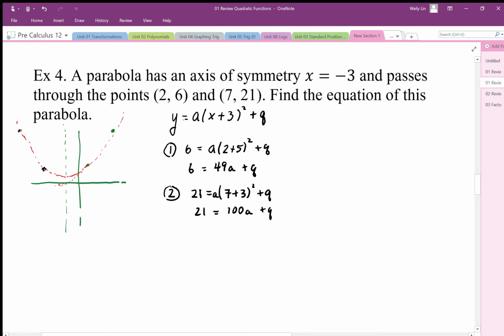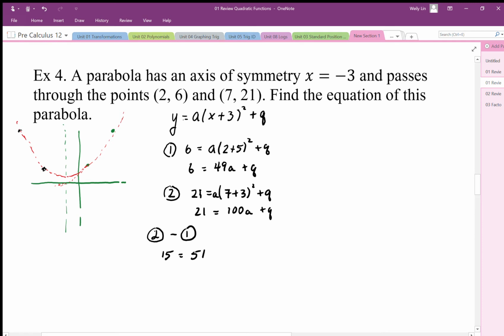Well, looking at equation 1 and equation 2, I'm just going to subtract these equations, and I can eliminate the q. So I'm going to do equation 2 minus equation 1, and I'm going to end up with 21 minus 6, which is 15. 100 minus 49 is 51.